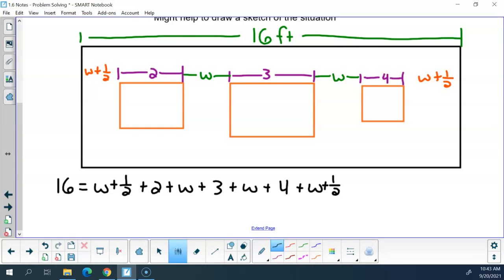Yeah. Because that's the entire width of my wall. That's all 1, 2, 3, 4, 5, 6, 7 gaps that I have in my wall. And the whole width is 16.